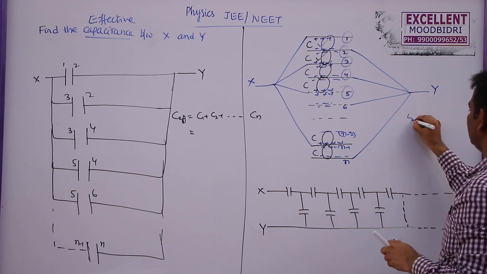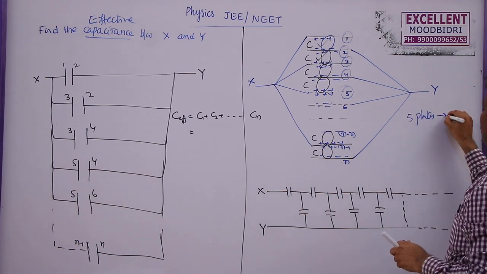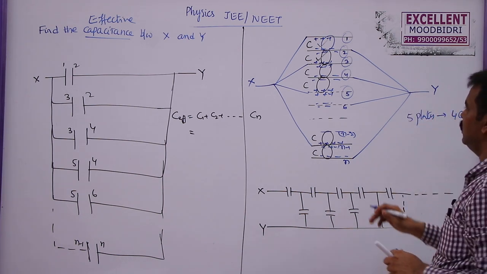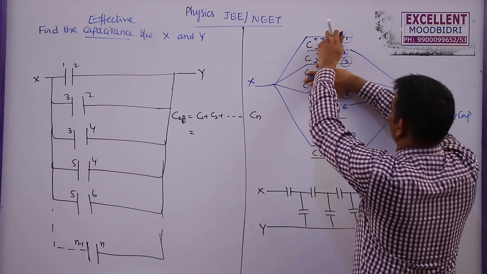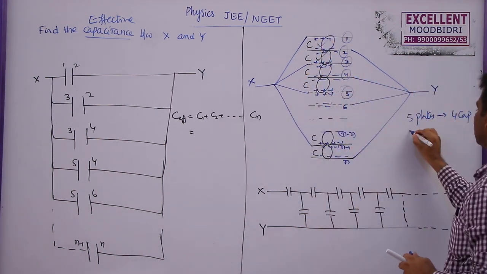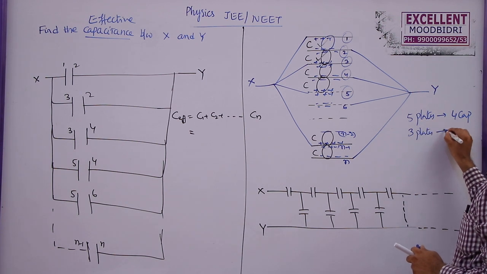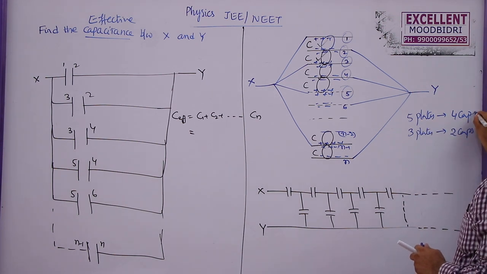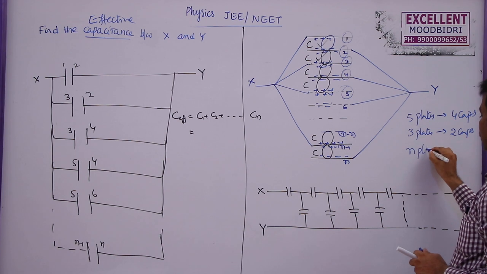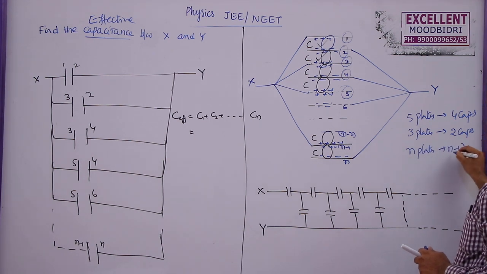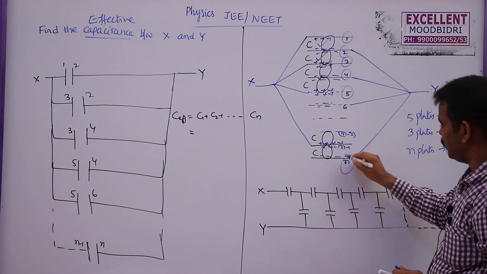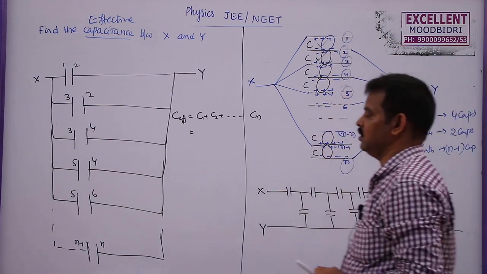So for 5 plates, we have 4 capacitors. Suppose you take only 3 plates, 1, 2, 3, we have 2 capacitors. For n plates, we will have n minus 1 capacitors.